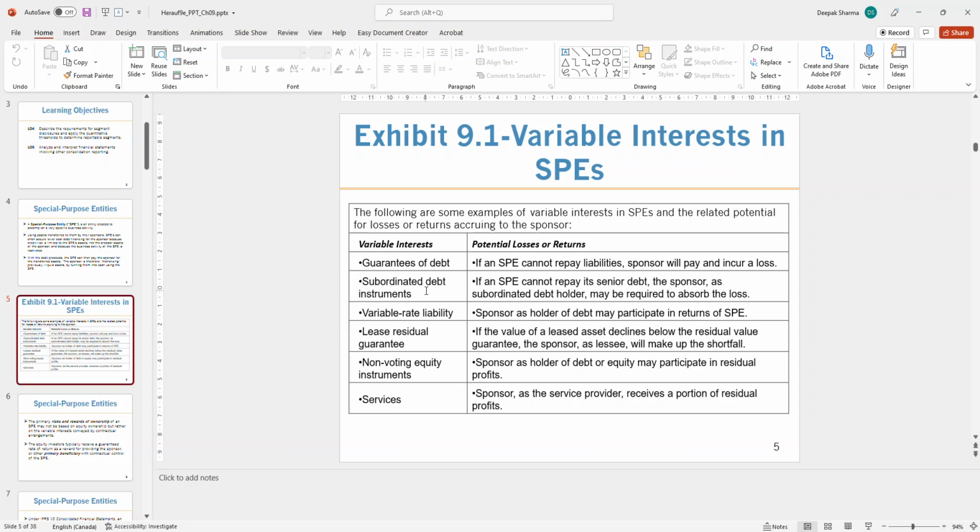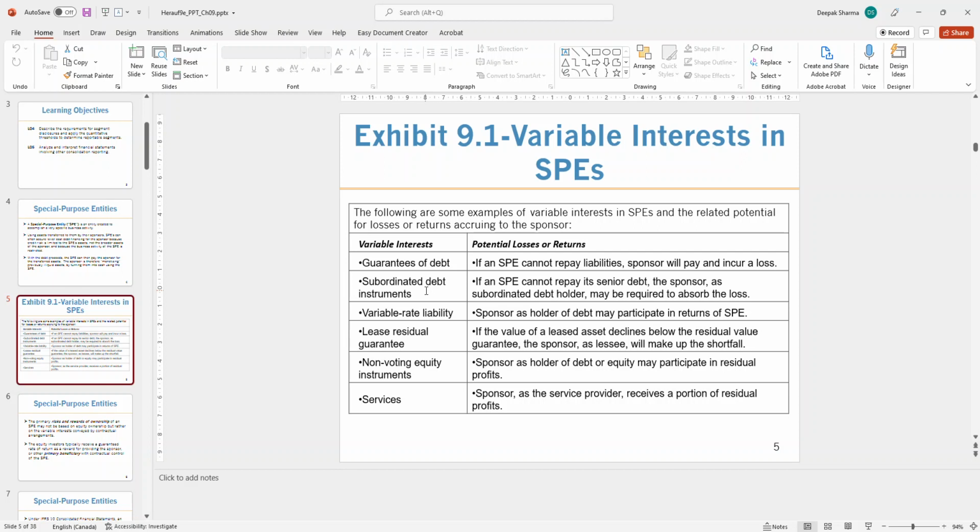Therefore, there is no obligation for them to pay interest on the debt, but they will still pay a dividend, which may or may not be accumulated depending on the type of agreement that you have with the sponsors.